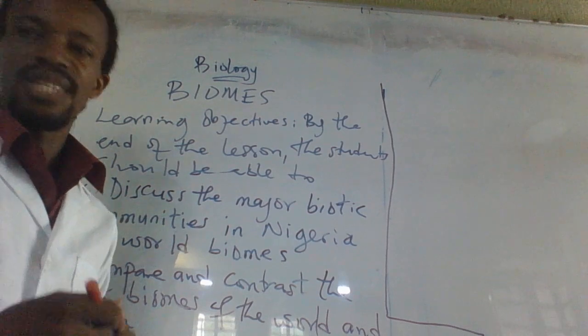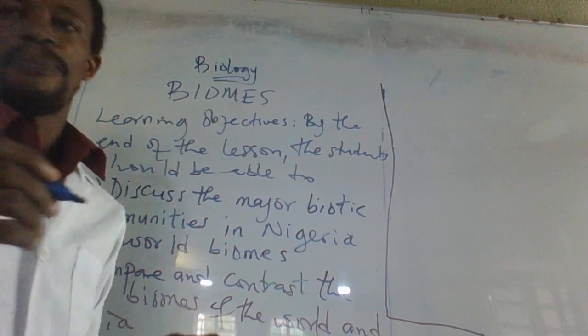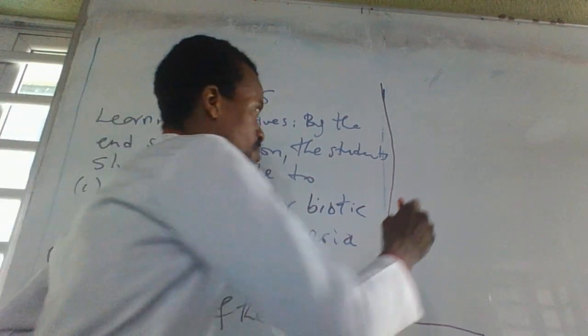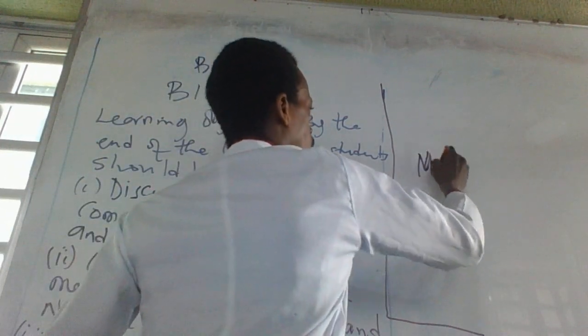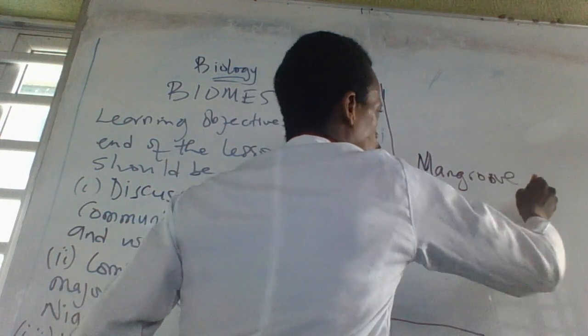We have three local biomes in Nigeria. First is mangrove swamp.